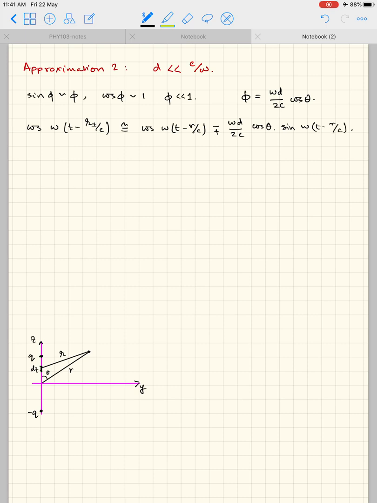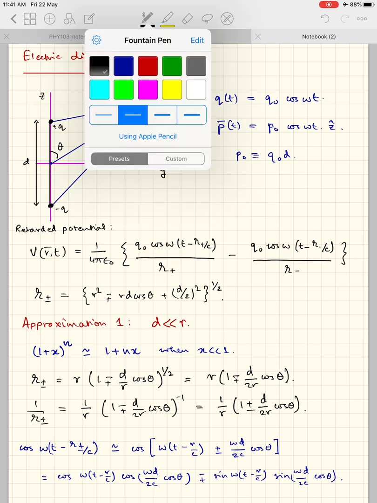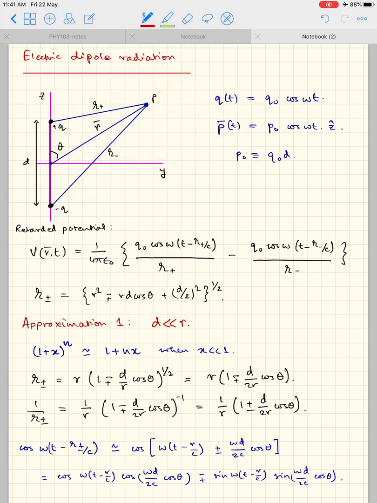So this is the next approximation, where cos phi is replaced by 1 and sine phi is replaced by phi.